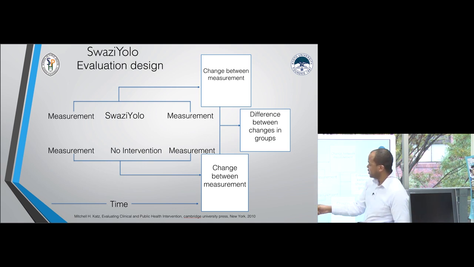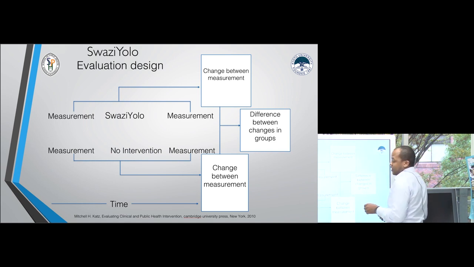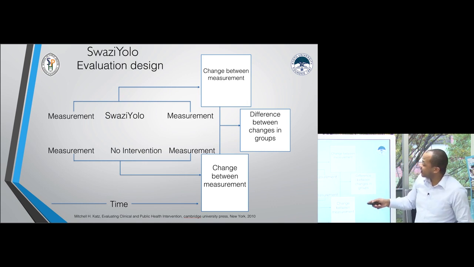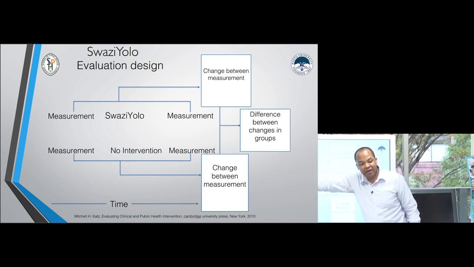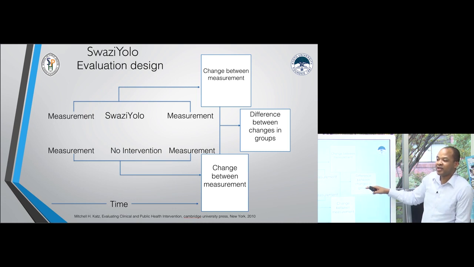Some interventions measure like this, in both the control and the randomized group. I think the strongest intervention design is one that measures before and after for one group, and before and after for the control group. And then you measure the effect as the difference between the two groups.